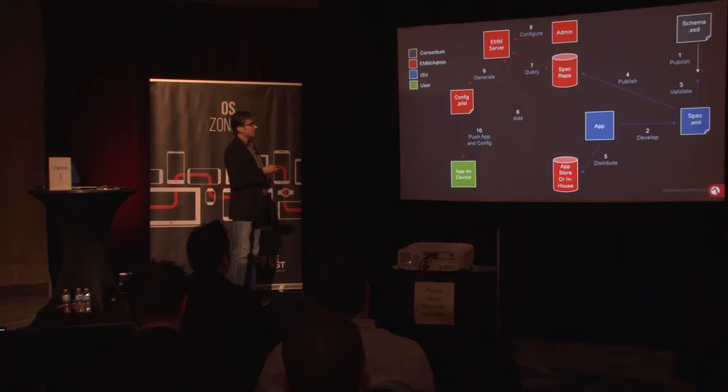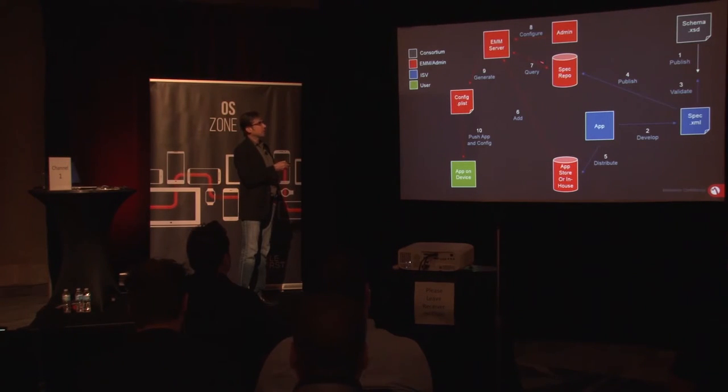So after it's published there, the next thing that happens is your app is distributed either to the iTunes store or for in-house distribution. And then when the EMM admin decides to pull your app in, they add it in from there, and at that point the server queries the specification repo, pulls it in, and gives a very nice UI for the admin to see what they need to fill in.